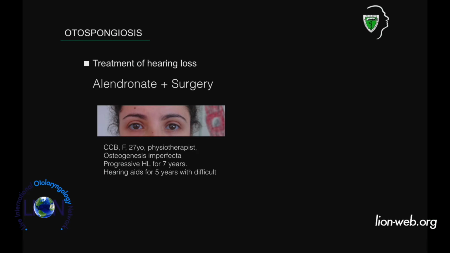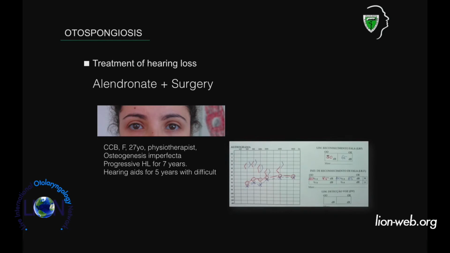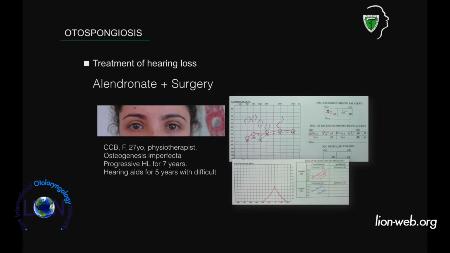She used a hearing aid, but with difficulty because during her work she makes a lot of physical effort. So there is some sweat and the hearing aid blocked and had a short duration, so she wasn't happy to use it and it was not a good fit.